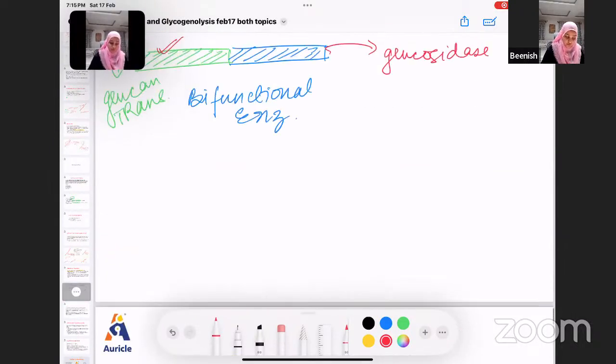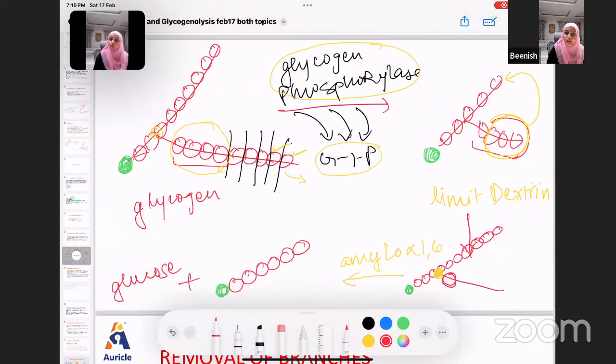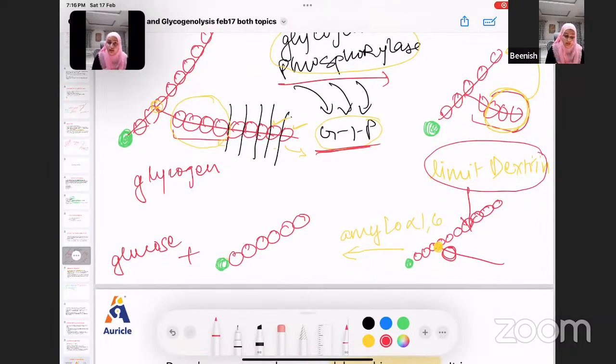Okay, this is very much understandable. See this diagram again. This was your glycogen. Glycogen phosphorylase acts on it and removes glucose sequentially as glucose 1-phosphate. Then you end up with a structure known as limit dextrin, which is highly branched. Then comes your debranching enzyme, the bifunctional enzyme.